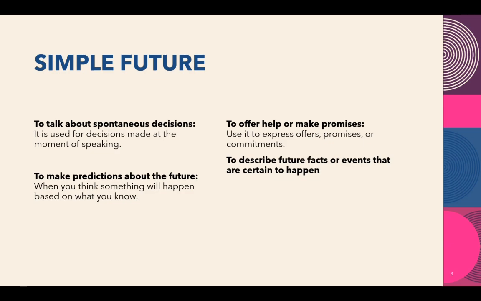The other ways to use it are to offer help or make permissions. Use it to express offers, permission, or commitments, and to describe future facts or events that are certain to happen.